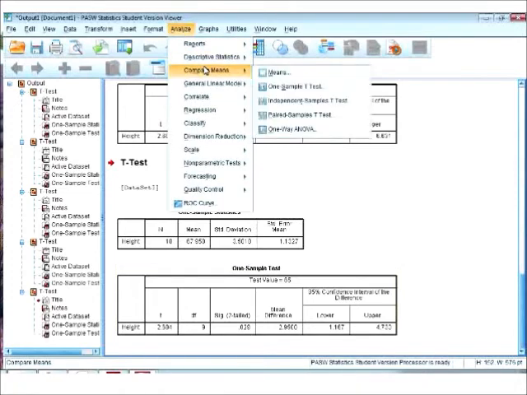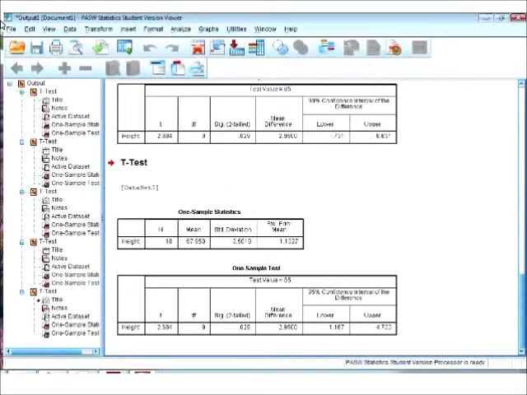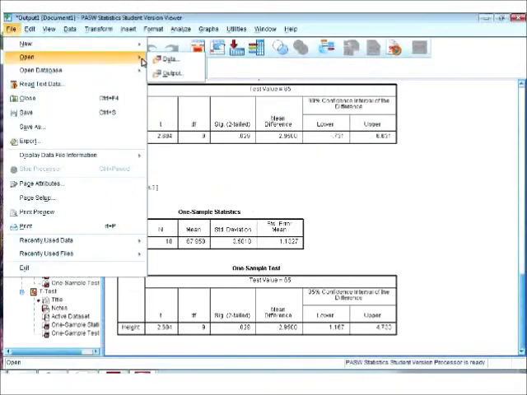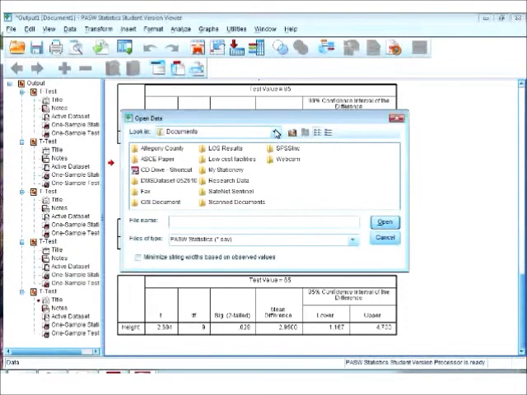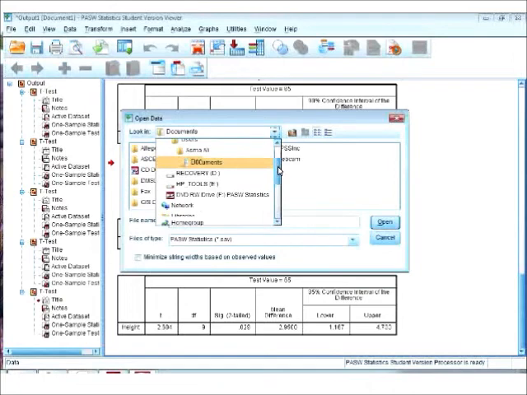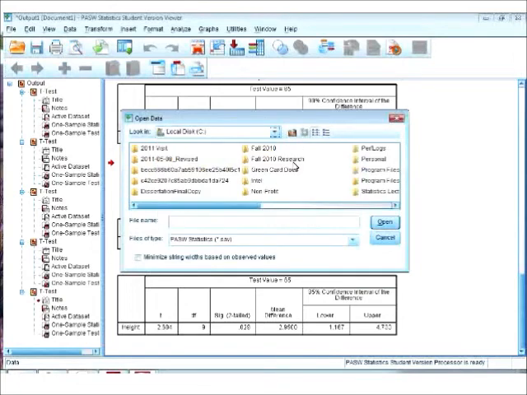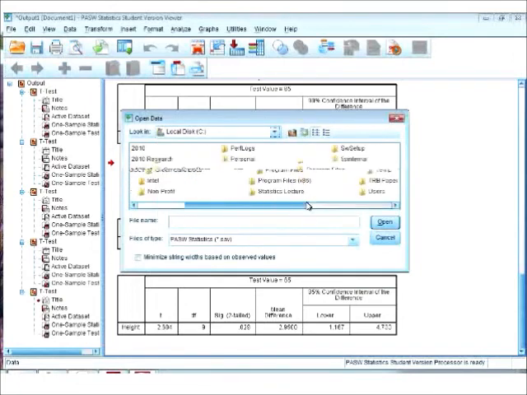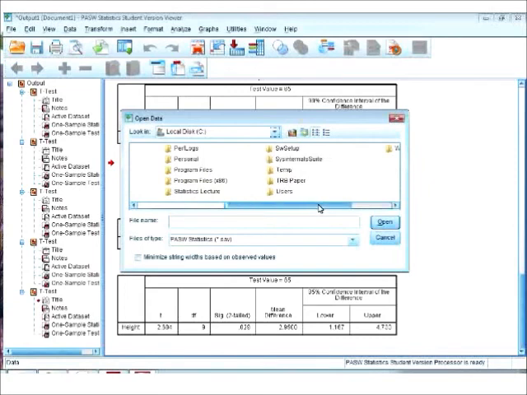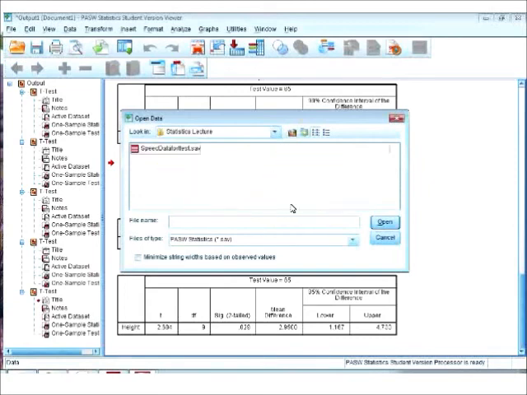Okay. Now let me bring in another set of data. Yes, this is the data set.